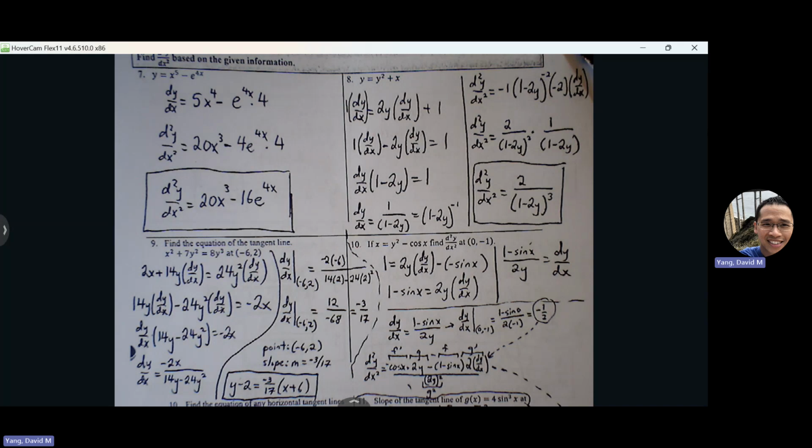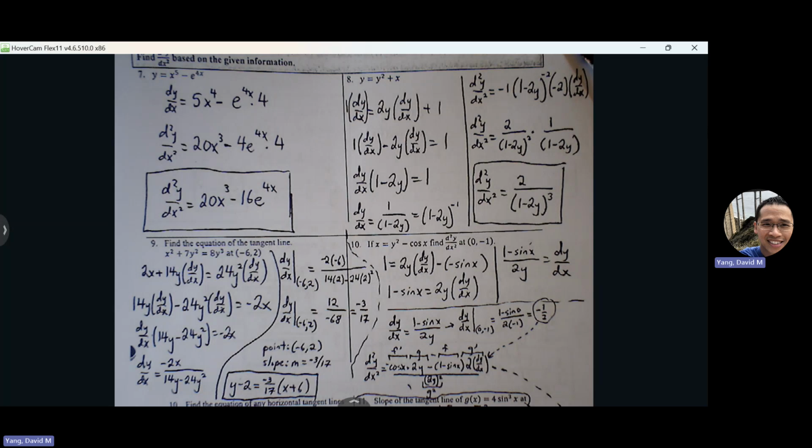Now 1 minus 2y becomes -2, but we're still asking for y's derivative, so we still need to attach that dy/dx. So we're pretty much at the answer here. Now we're just trying to get this cleaned up. So let's replace the dy/dx back with something in terms of x and y, or in this case, in terms of y.